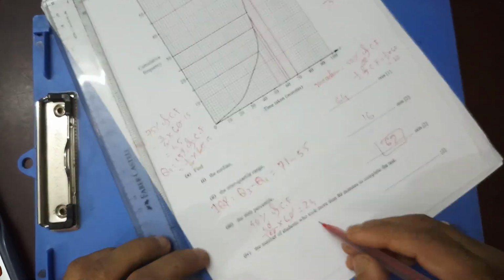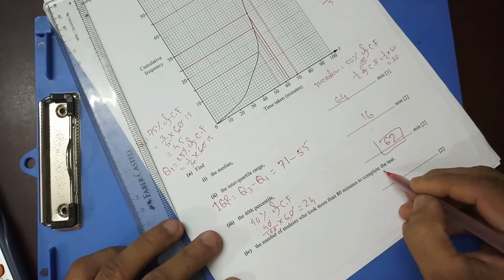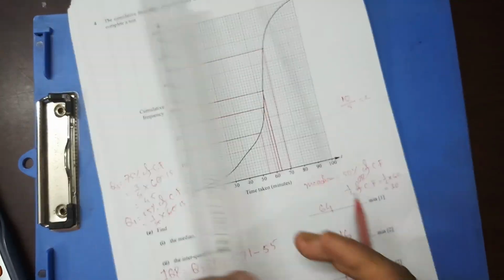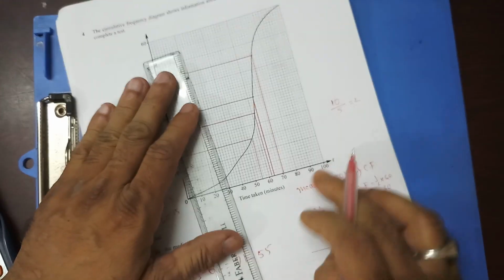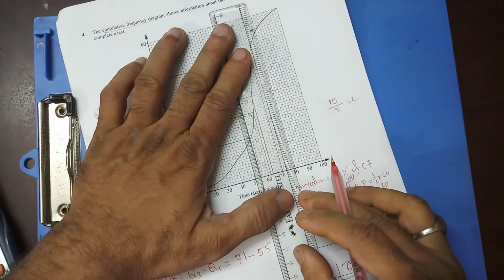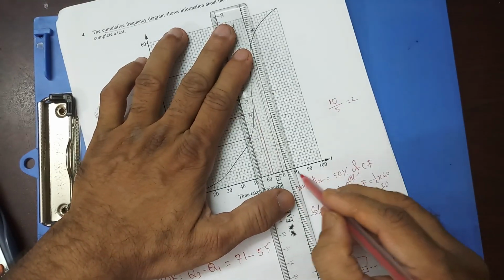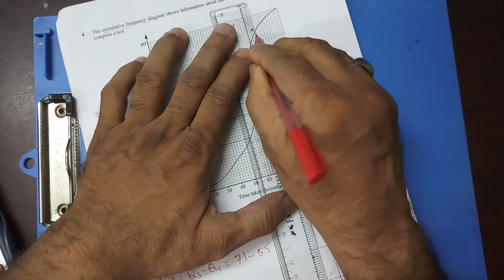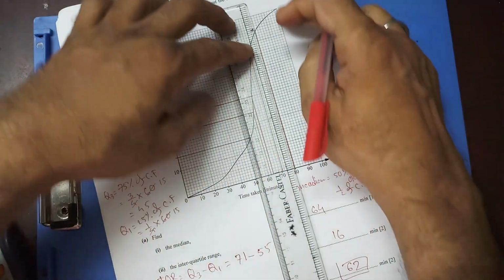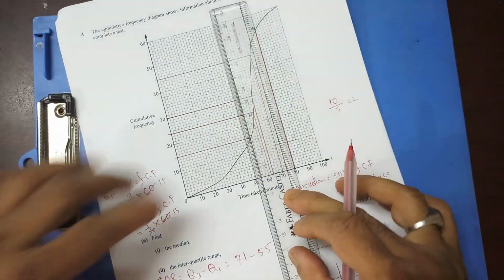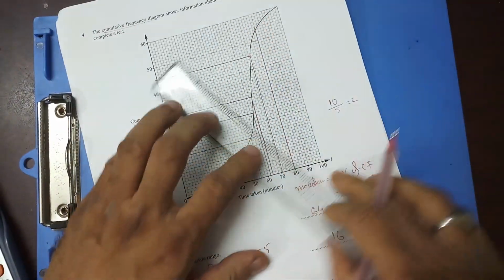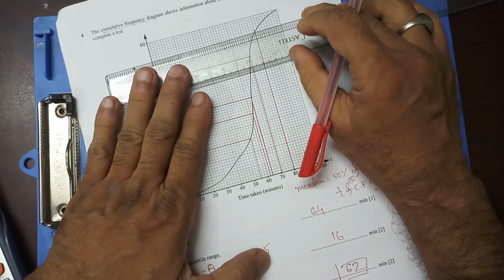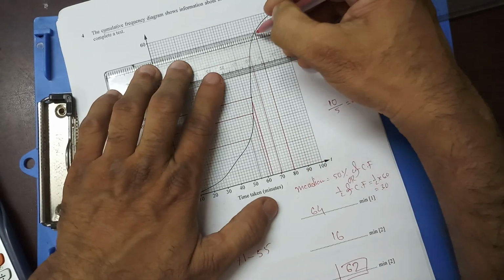Now, the number of students who took more than 80 minutes to complete the test. So now I'm going to draw a vertical line up from where it says 80 minutes. We cannot go down because the graph doesn't go down here, so we have to go up, and it touches the graph at some point.